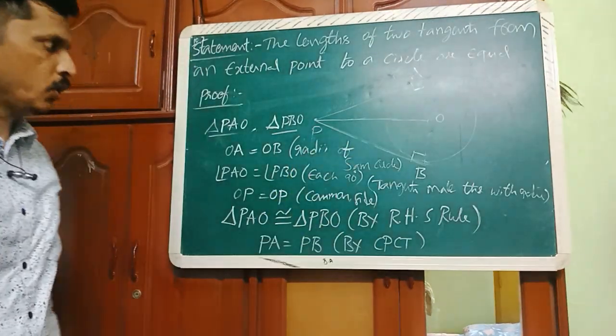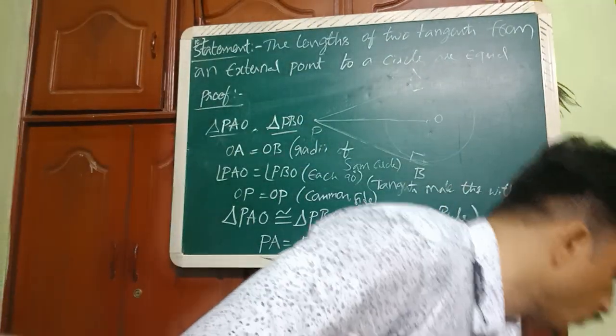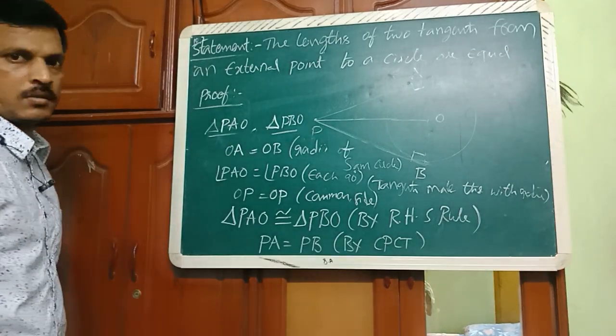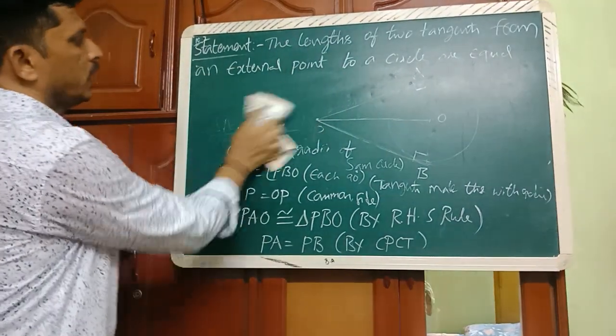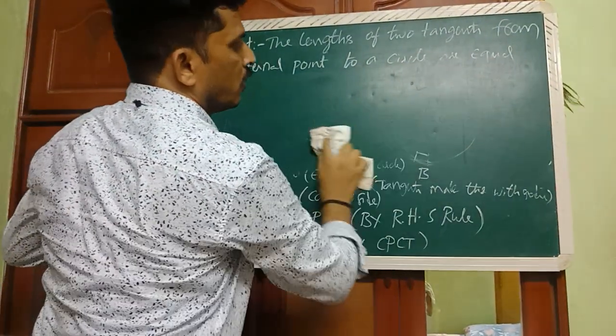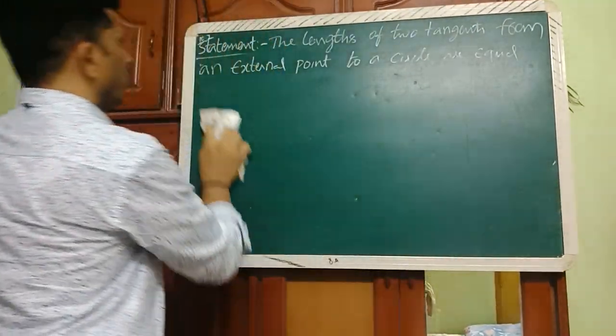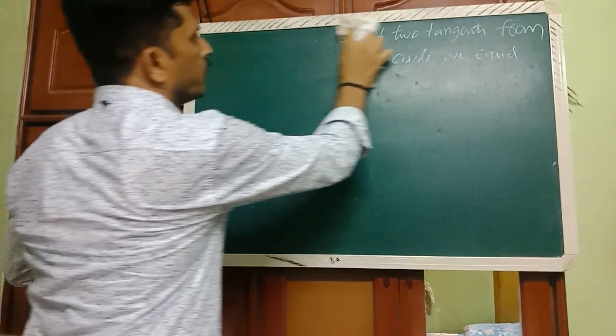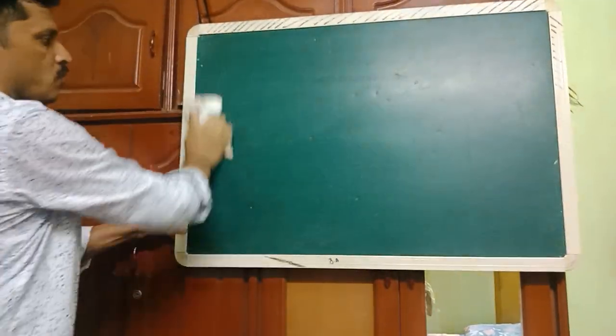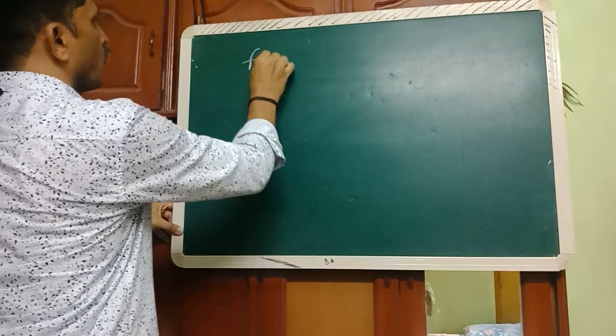PA is equal to PB. Got it? So these two theorems are very important from the exam point of view in 10th class. You have one more short formula, very important also.